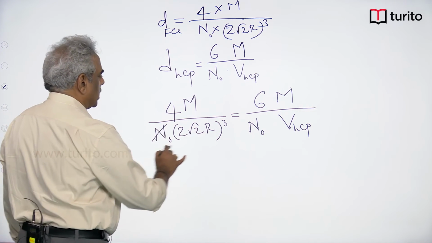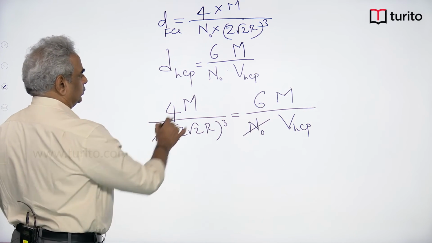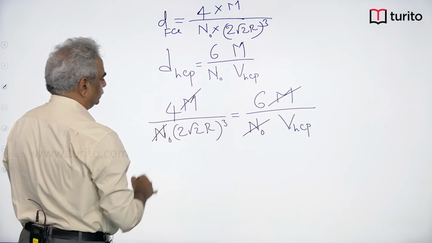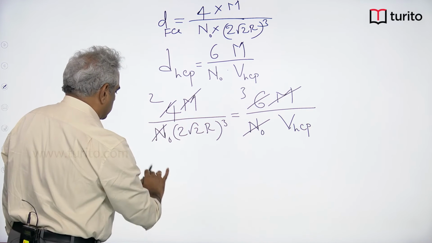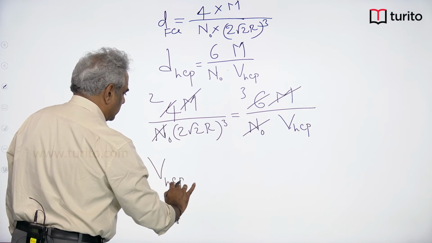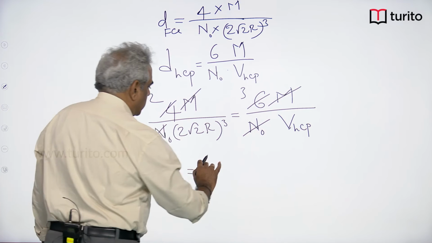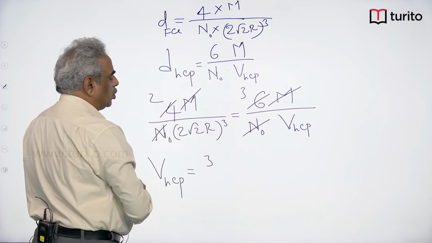So, N naught and N naught get cancelled, M and M get cancelled, this 2 times, 3 times, and you are going to get V HCP as 3 into 2 root 2 r cube.